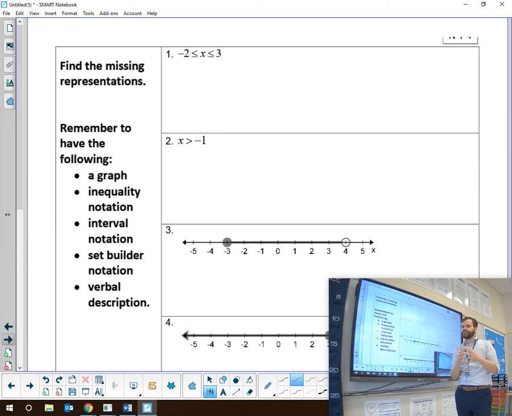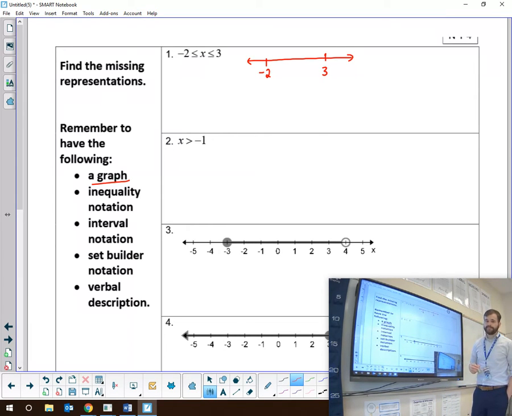Okay, so I'm going to give you a tip here. It's always easier to read from x, to think about where x is. So in this case, x is bigger than or equal to negative 2, and x is less than or equal to 3. So whenever we make our graph, it's going to be pretty easy. I'm just going to draw my number line, and then I'm going to put a point at negative 2, and I'm going to put a point at positive 3.